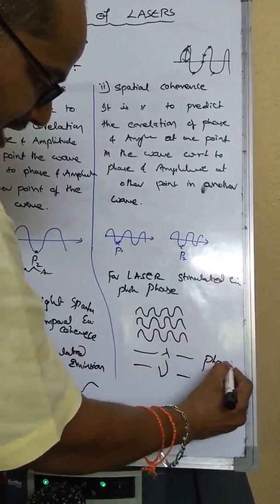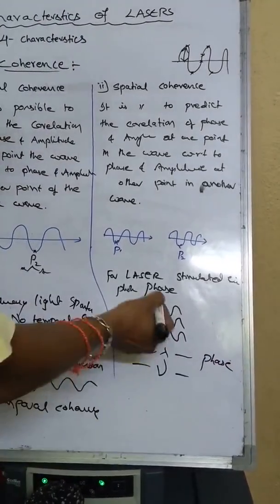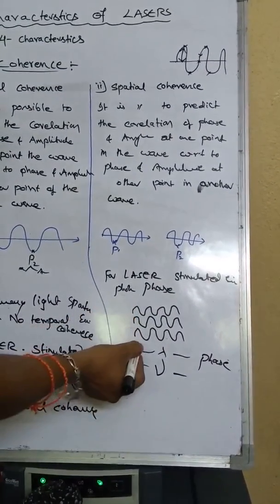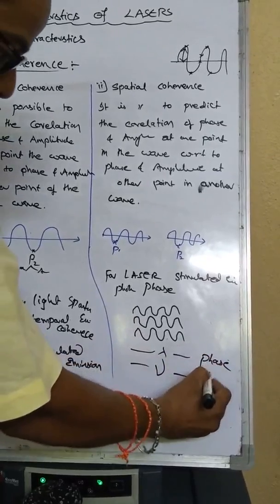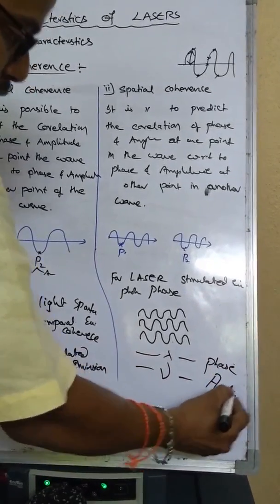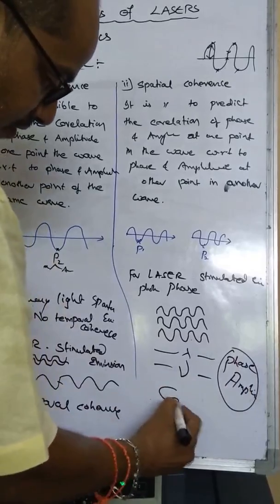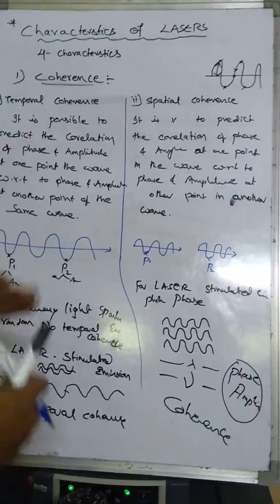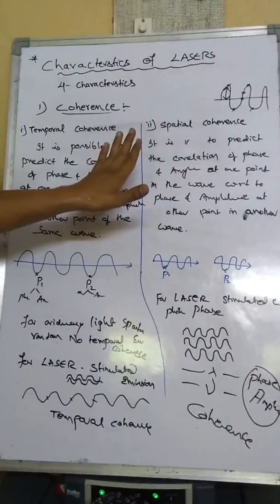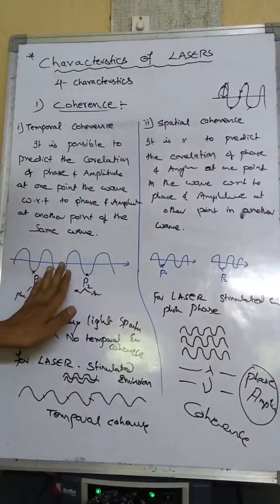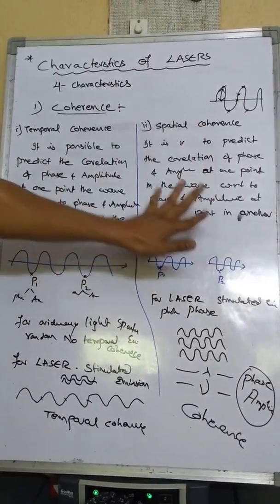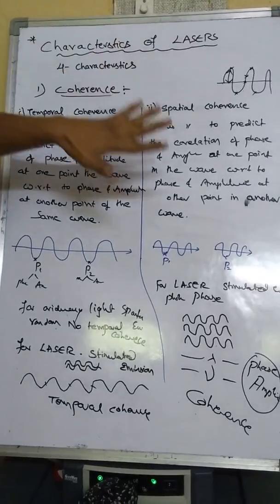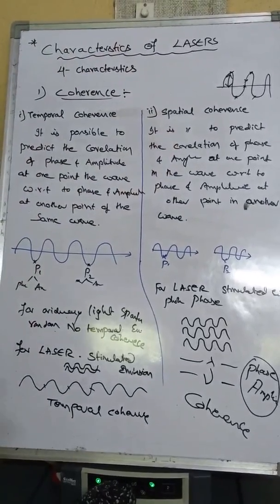As they maintain the same wavelength and the same phase, this is said to be in phase. If they also maintain the same amplitude, the two parameters, phase and amplitude, lead to the word coherence. Fortunately, the laser maintains both temporal coherence and spatial coherence, which leads to a highly coherent beam. So this is a main important characteristic of a laser.